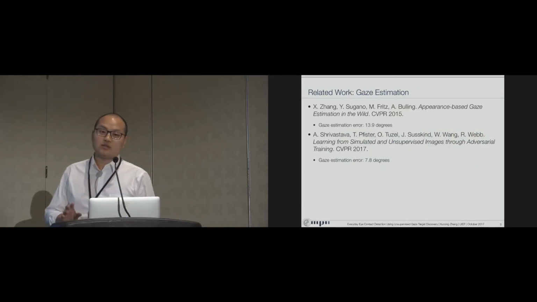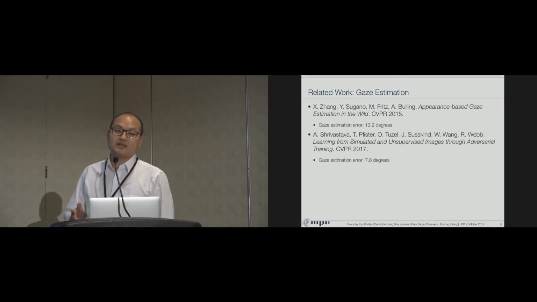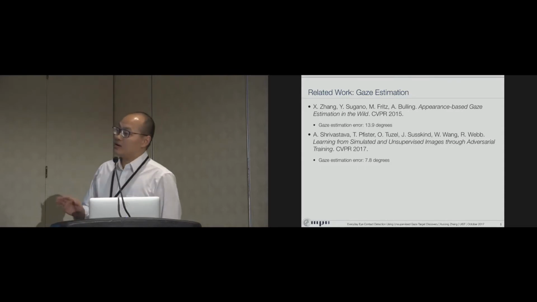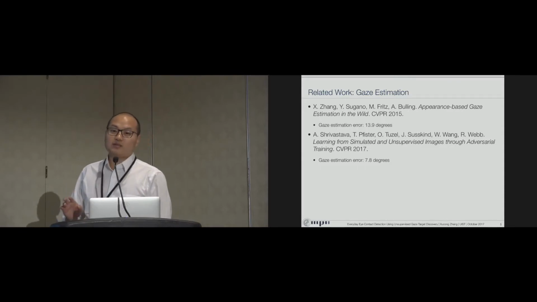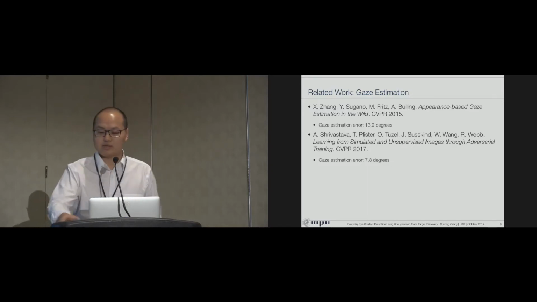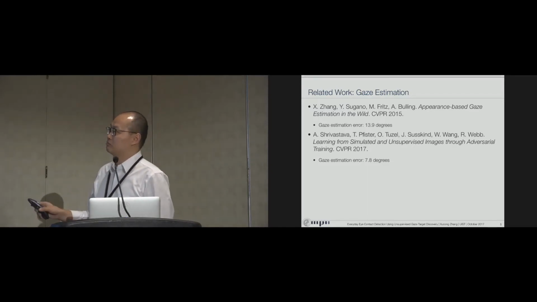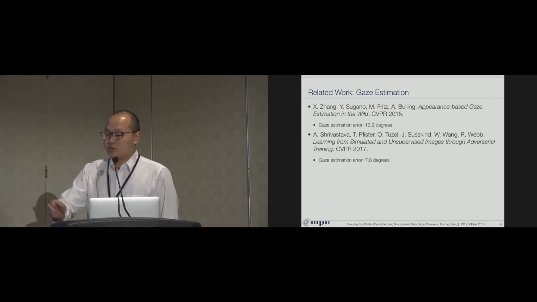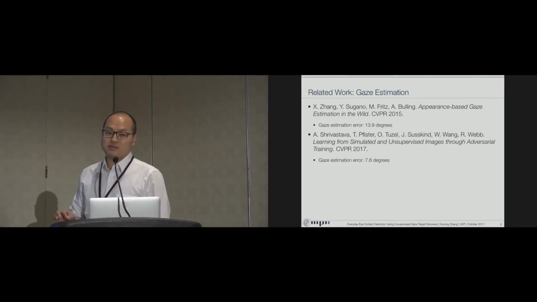Another intuitive solution would be to directly use gaze estimation to estimate whether the person is looking at the target. Here I introduce two state-of-the-art appearance-based gaze estimation methods which can be used with an ordinary web camera. The first one is our work from CVPR 2015, in which we apply a convolutional neural network for appearance-based gaze estimation.